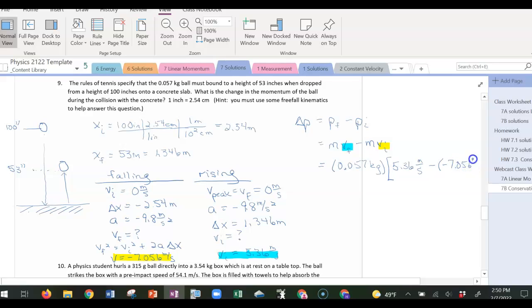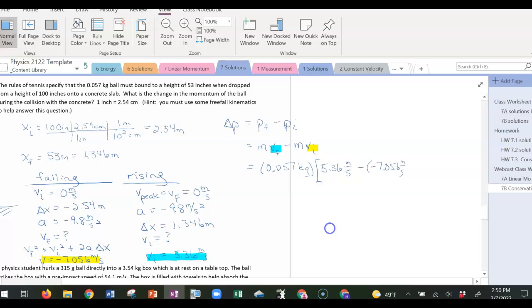That's negative. And so when I calculate this, the change in momentum is 0.695 kilogram meters per second.